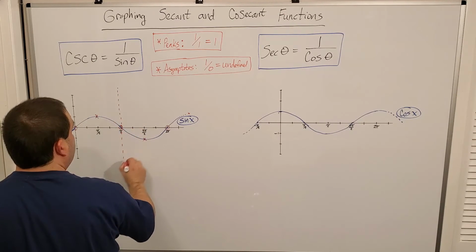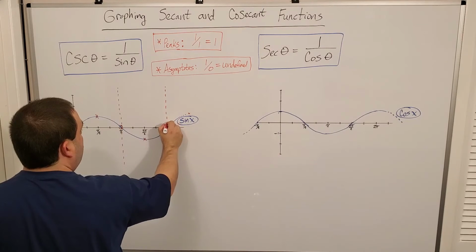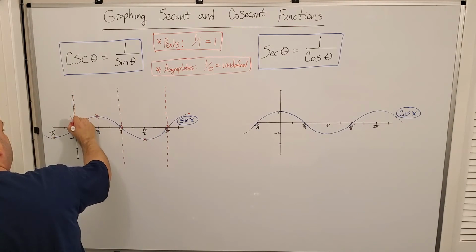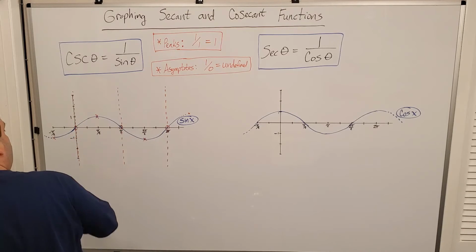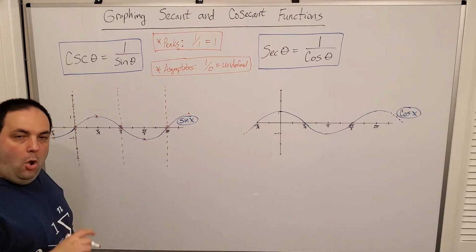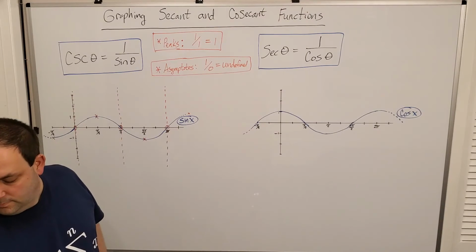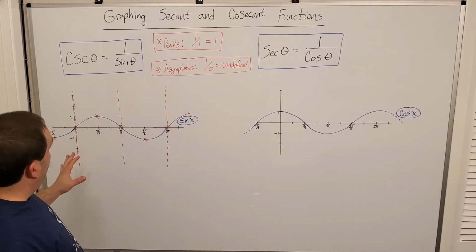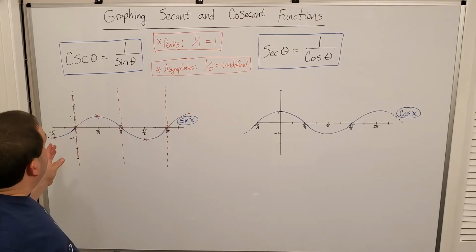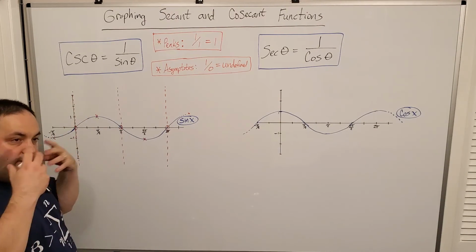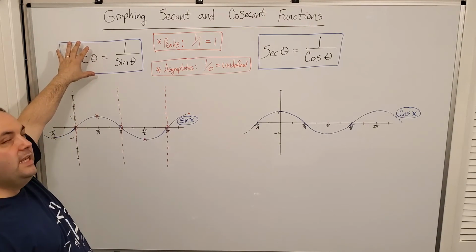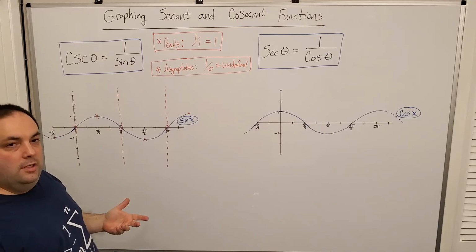So you literally just draw in the vertical asymptotes. And this is that one extra step that I mentioned: drawing in the vertical asymptotes on these functions. So from here, to draw the graph of the cosecant, I literally just have to realize that whenever sine gets small, cosecant gets big, and vice versa.